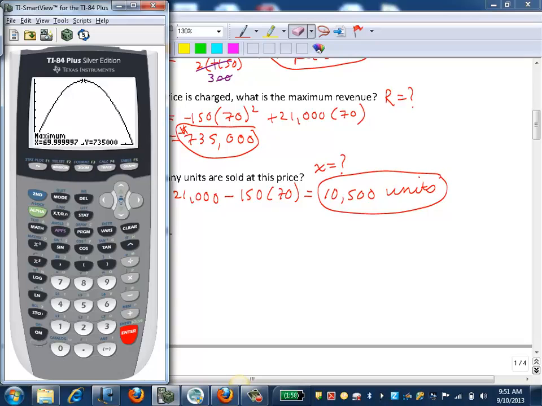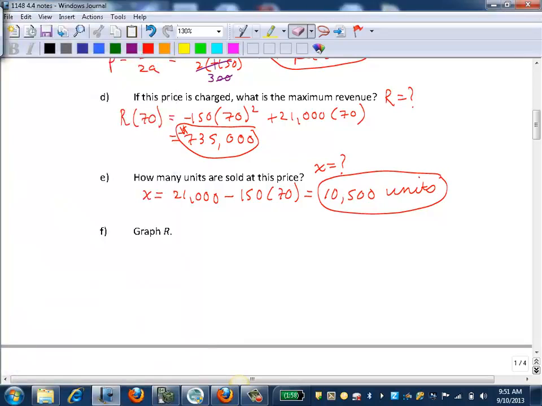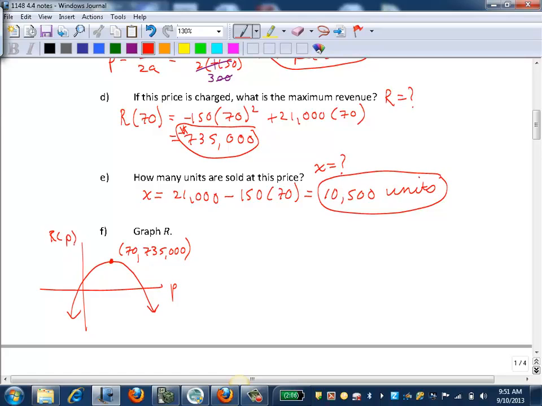So let's make a little sketch in our notes here so we have this to take away to study later. If we make our axes, we've got this parabola opening down, again just the ballpark of the shape, and we found this vertex algebraically, and we've checked it on the graphing calculator, 735,000. So this is our P and our R of P axes.